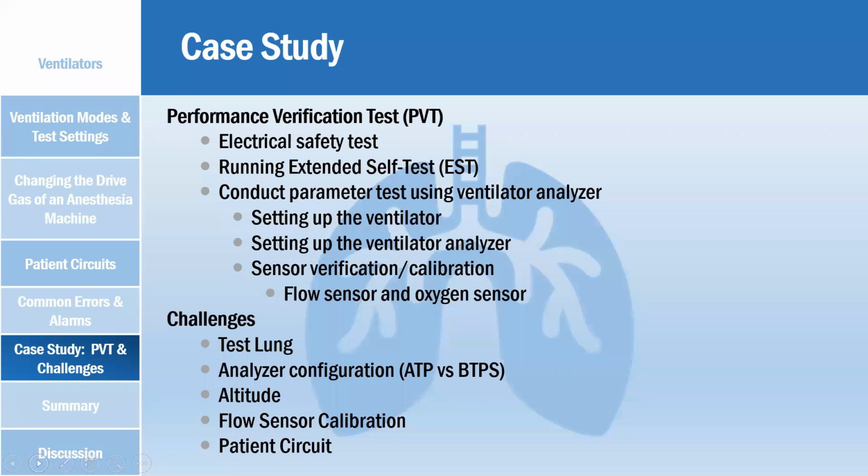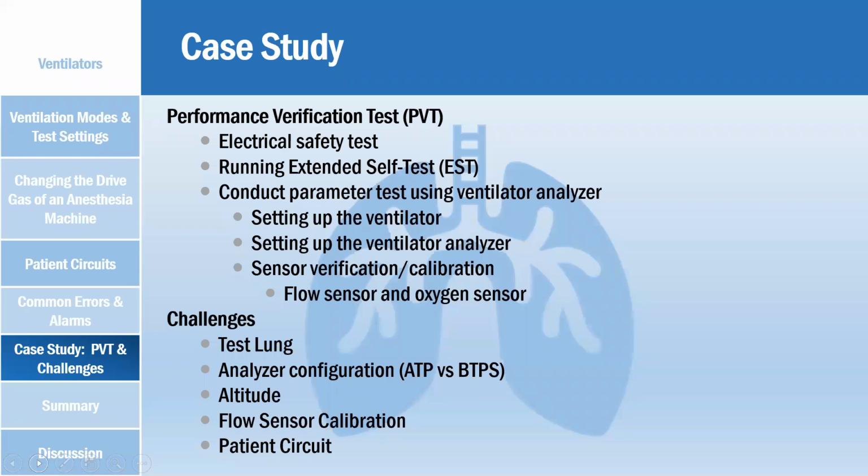Okay, as Erin mentioned, these are the challenges and the things that they went through during the performance verification test. When they do the performance verification test, PVT, the things you need to do are an electrical safety test and running the extended self-test, EST, which is a self-test on the ventilator itself.